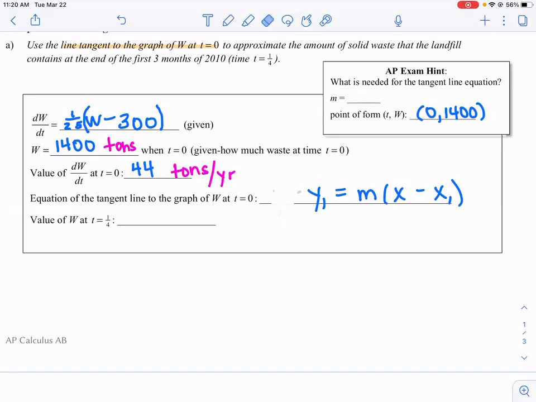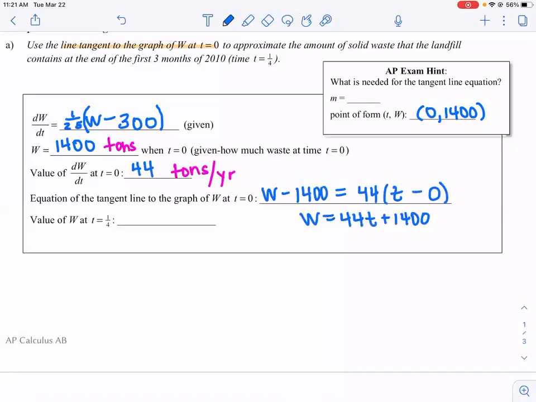W. So this is going to be W minus 1400. Okay. Our slope is 44. And instead of x, we have t. t minus 0. Okay. Now, do you need this minus 0? No. And if you wrote this as W equals 44t plus 1400, nobody's going to be upset.